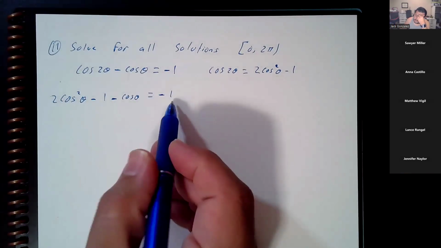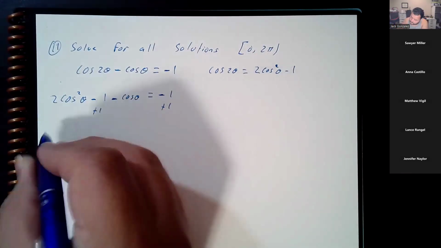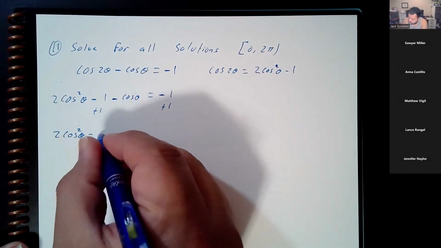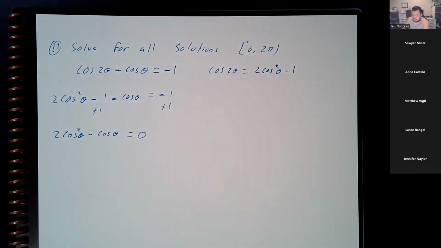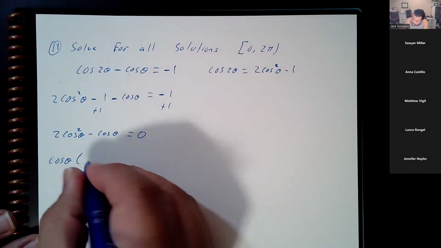I can already tell these ones are going to cancel. Factor your cosine, and we're almost there.